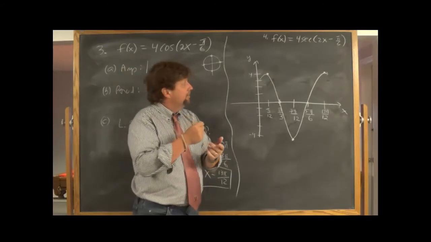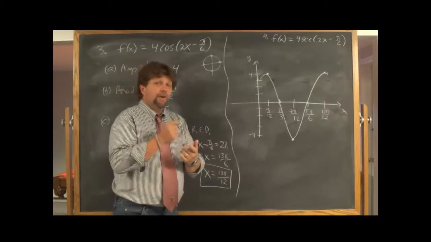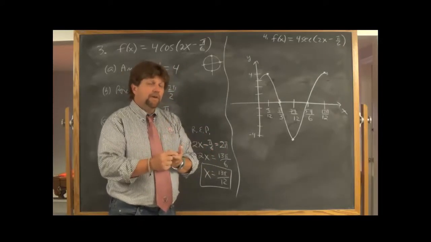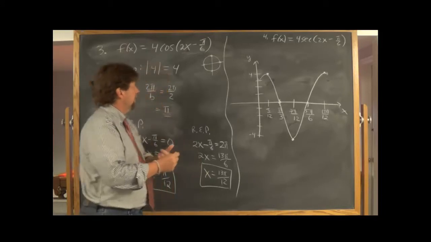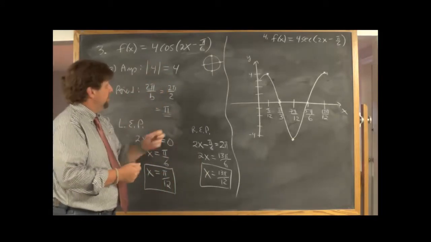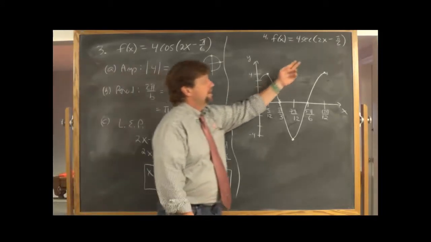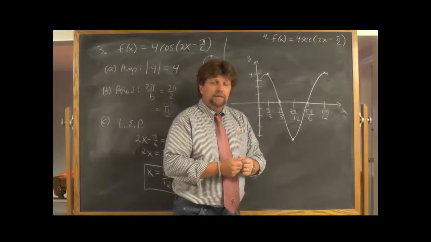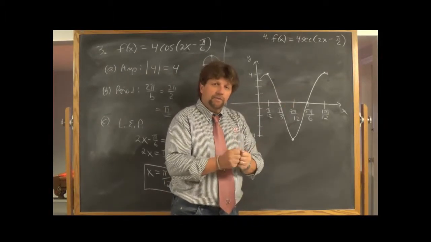Notice for part A in number 4, you're asked what the period is. The period is going to be the same as it was in 3. The period here was pi, the period here is pi. It's got to have the same period because they're reciprocals.